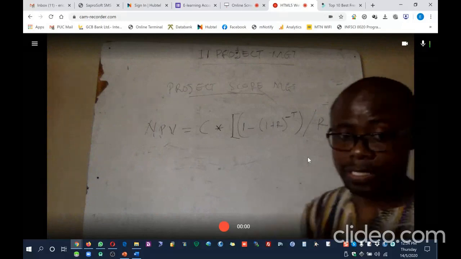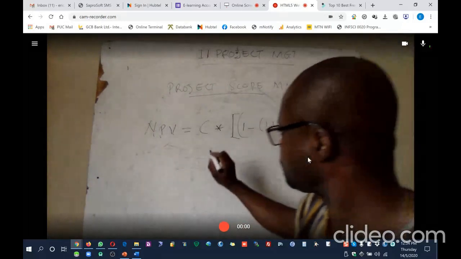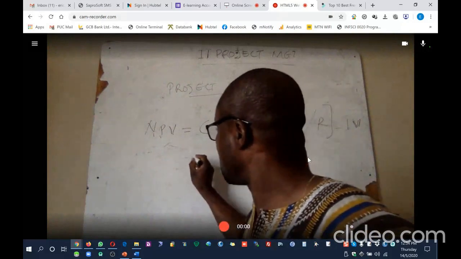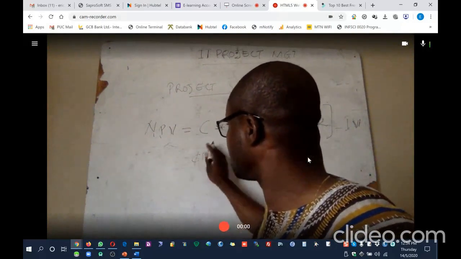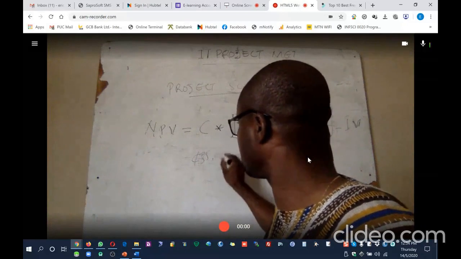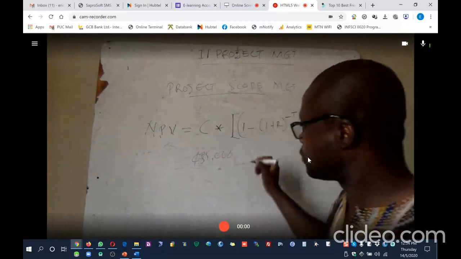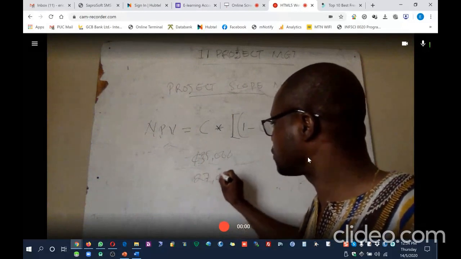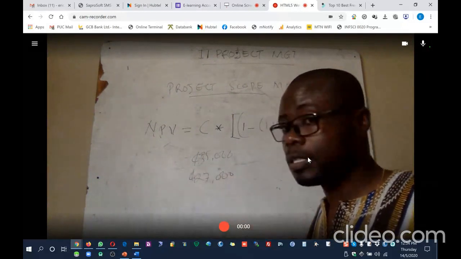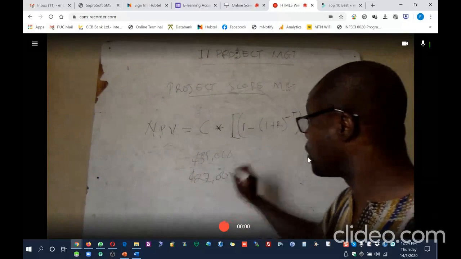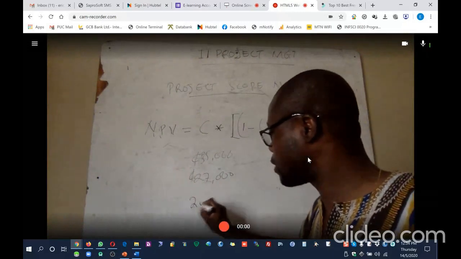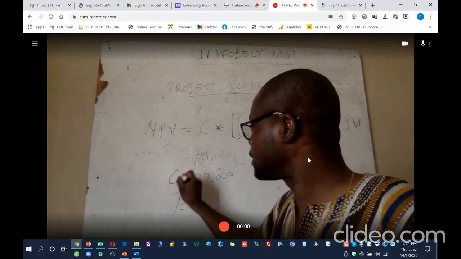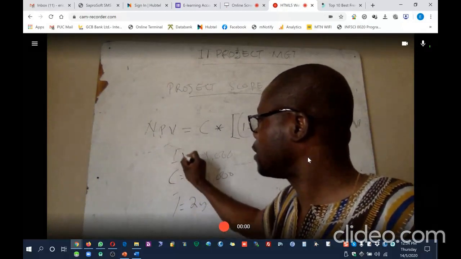So from the question that we have, we are investing $35,000, and periodically we're going to be earning $27,000, and it's going to be for a period of 2 years. As you can see, our T is equal to 2. So this is my C, and this is my initial investment.